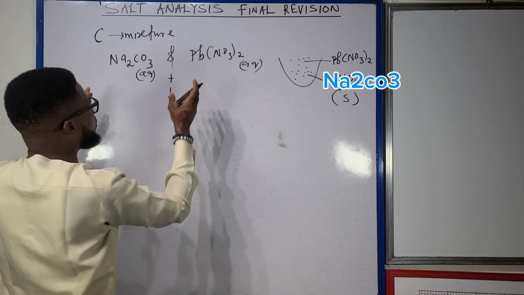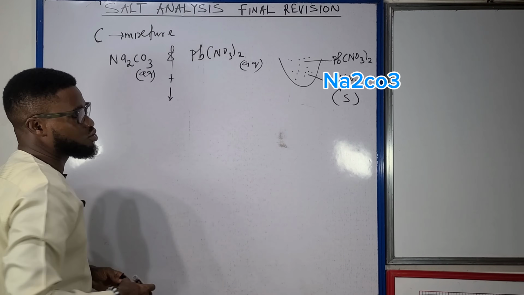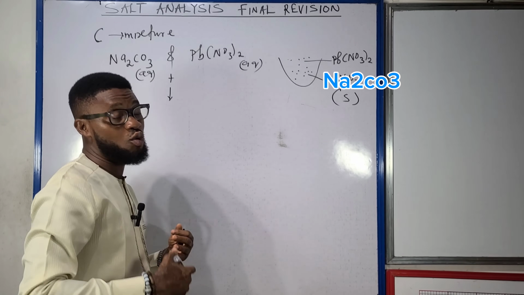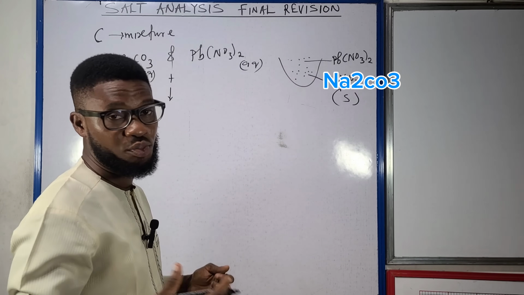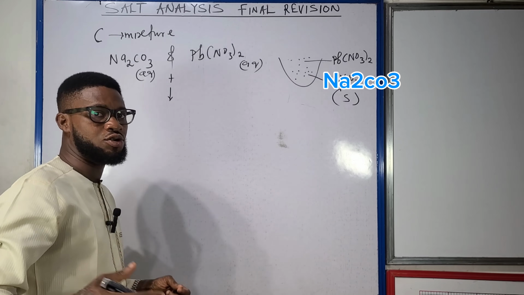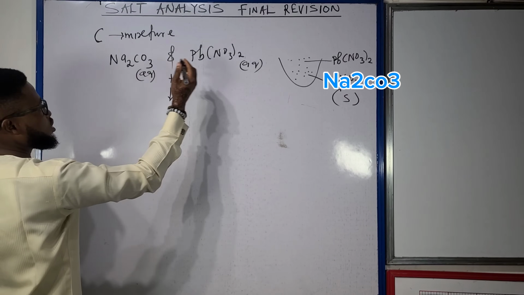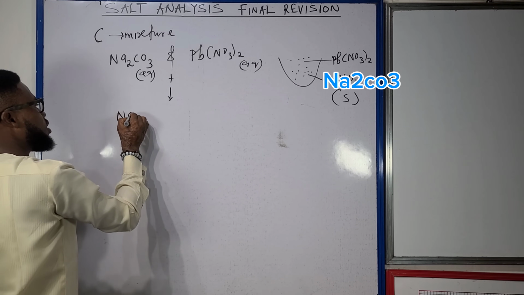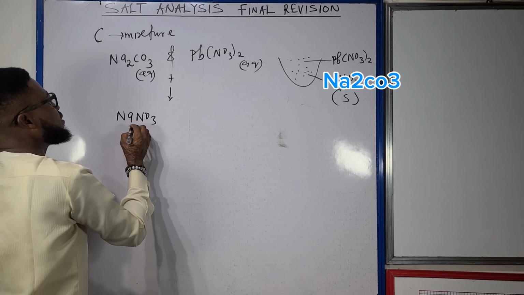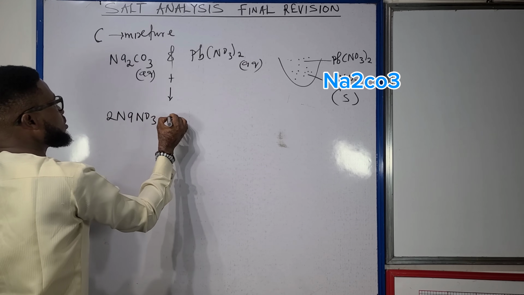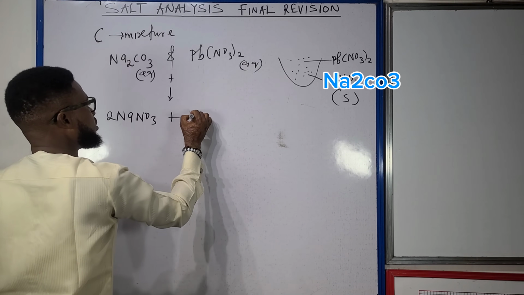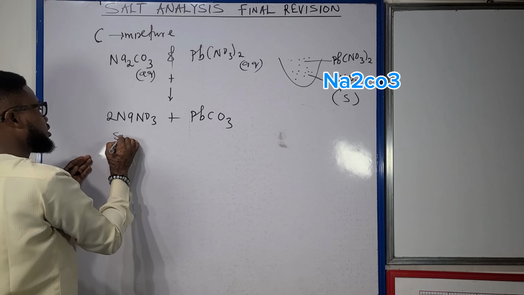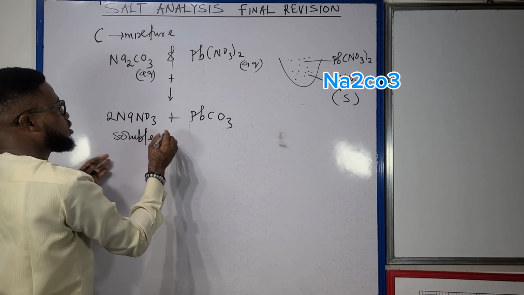But when you dissolve both in water, what you're going to have is a double displacement reaction, or what we call double decomposition reaction. So that we have sodium combining with the nitrate, giving sodium nitrate, and lead carbonate. Of course, all nitrates are soluble, so this will be soluble in water.